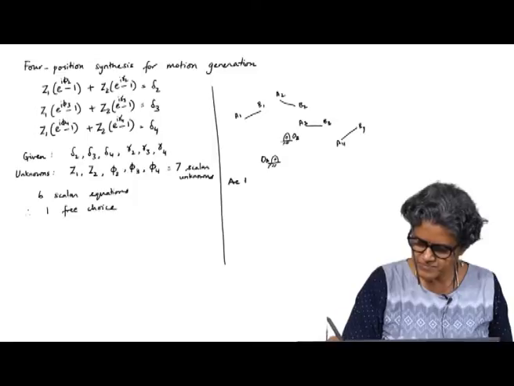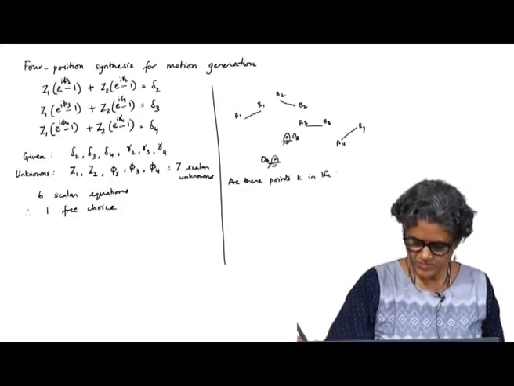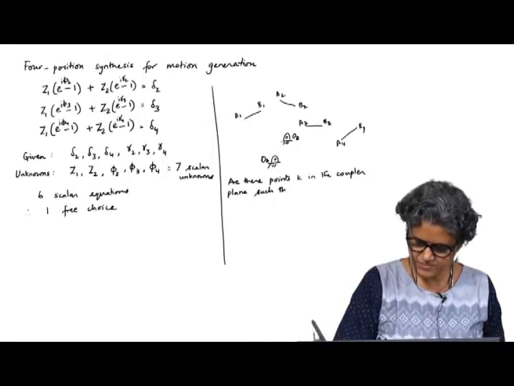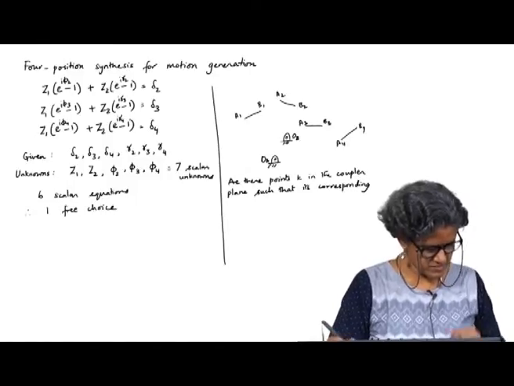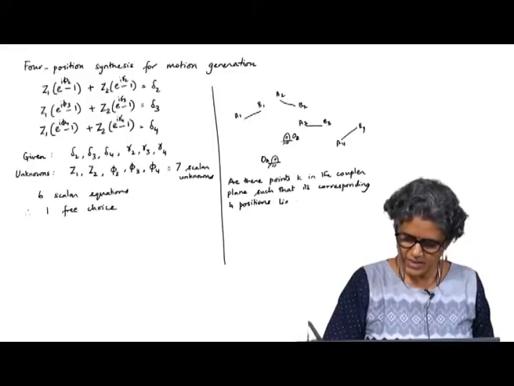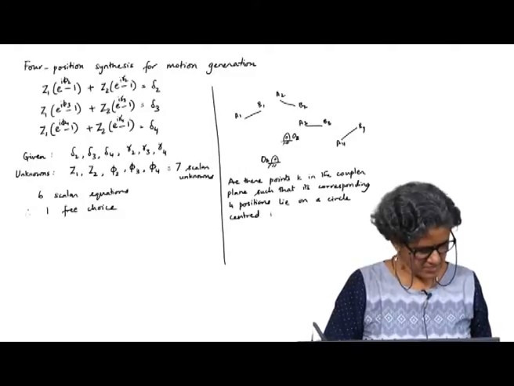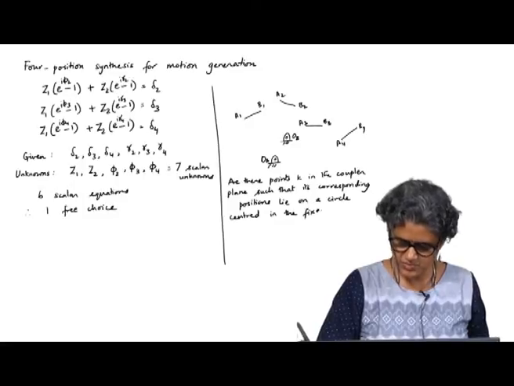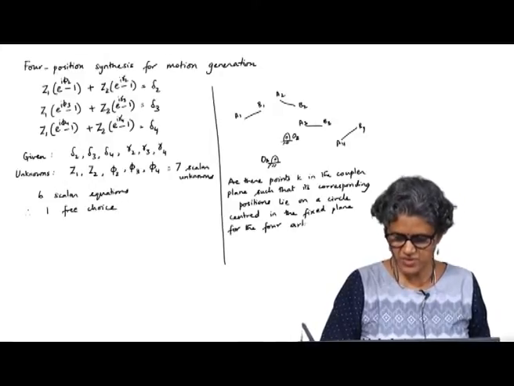Are there points K in the coupler plane such that its corresponding four positions lie on a circle centered in the fixed plane, for the 4 arbitrarily prescribed positions of the coupler.